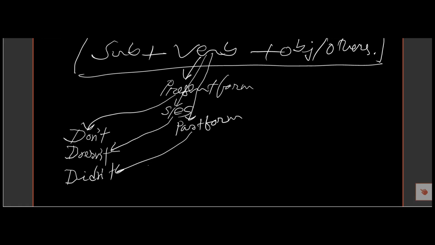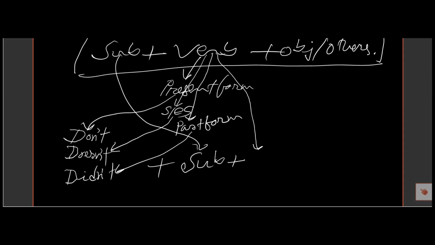And then the subject comes. Subject comes after don't, doesn't or didn't. Then the verb will be in the present form, the base form.